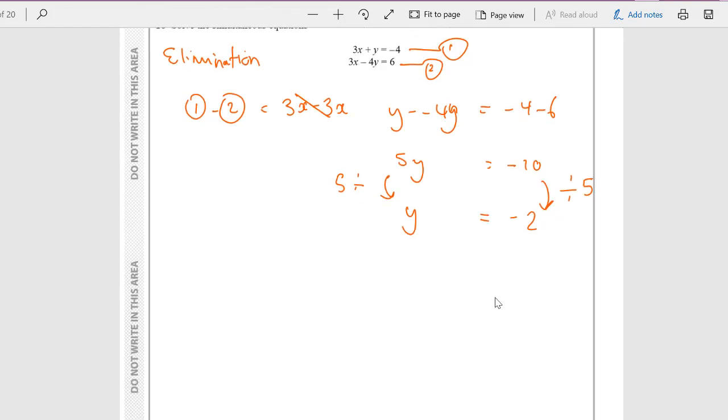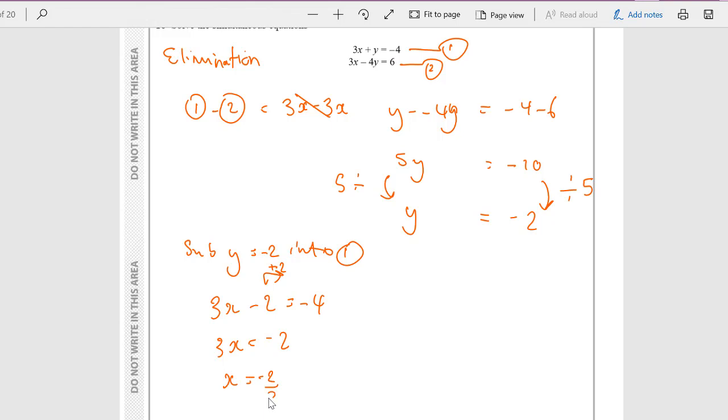And then we can simply sub y equals minus 2 into, say, 1, for example. So 3x minus 2 equals minus 4. Take that to the other side, it becomes a positive 2. 3x equals minus 4 plus 2, which is minus 2. So x equals minus 2 over 3, so we divide by 3.